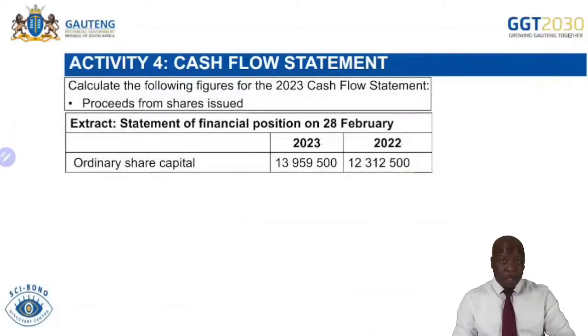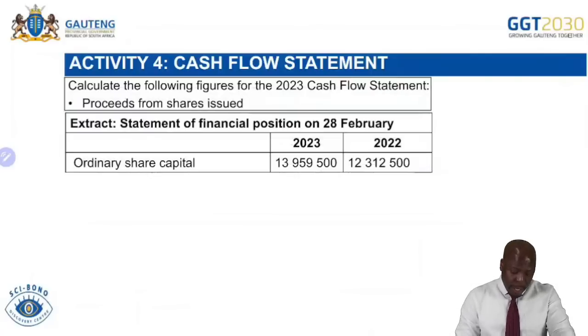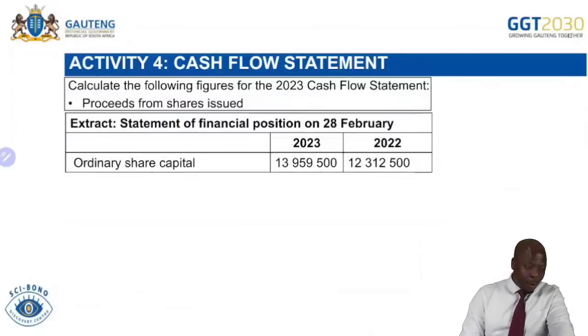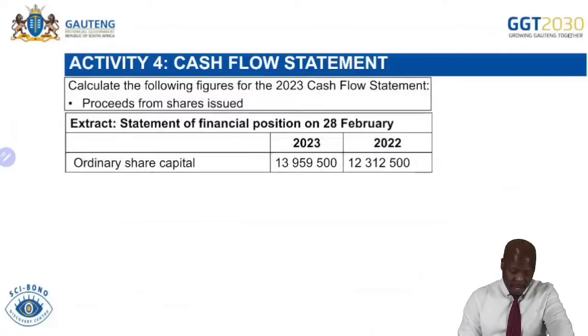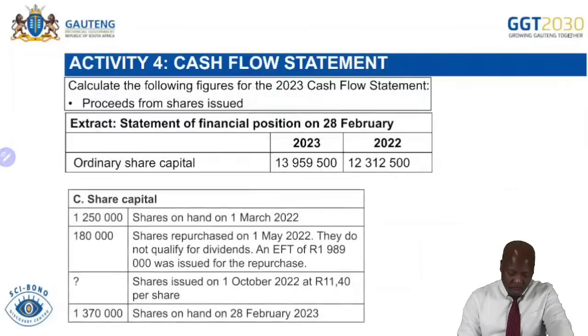I'll go on to the next aspect. It says, calculate the following figures for the cash flow statement: proceeds from shares issued. Let's see if we have information.